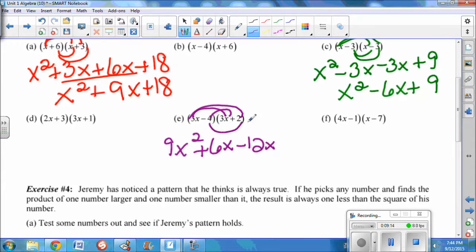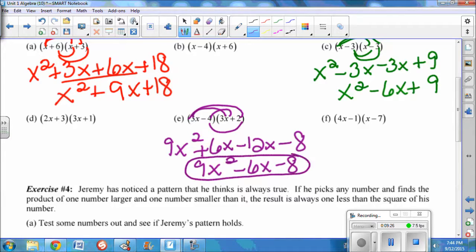Should go down below here. Minus 8. Those are your like terms. 9x squared minus 6x minus 8. There's your trinomial answer. Okay? By all means, practice on B, D, and F.